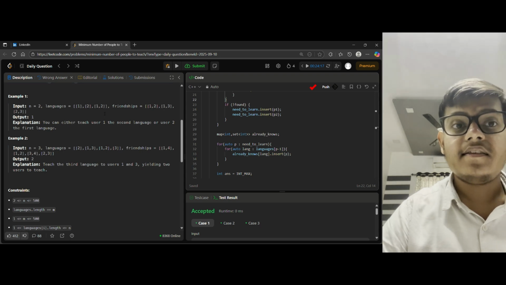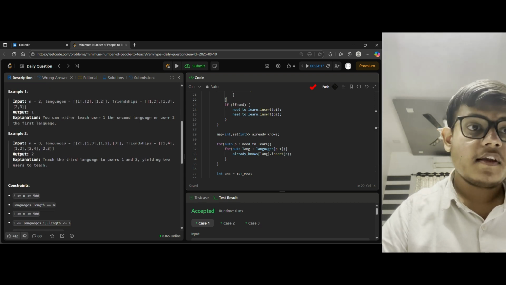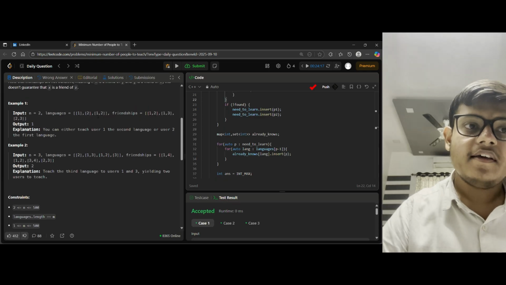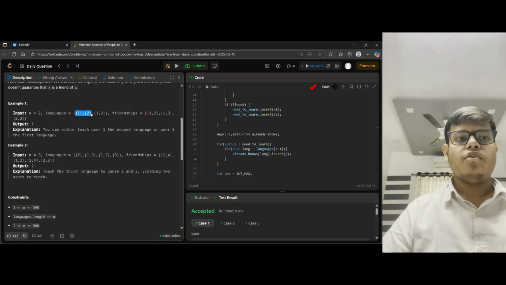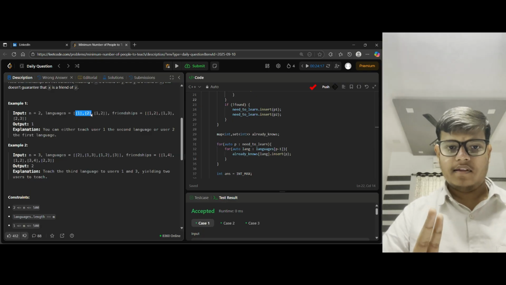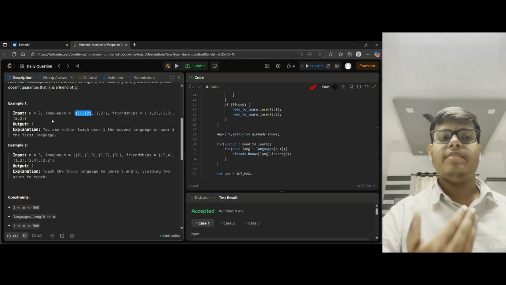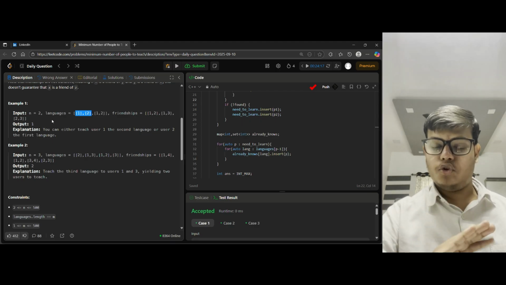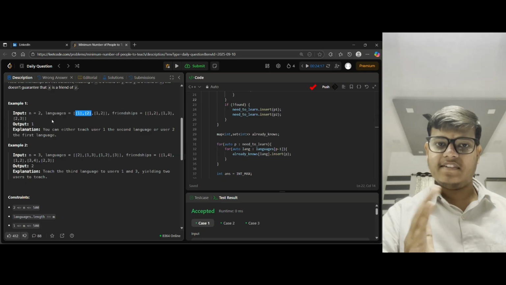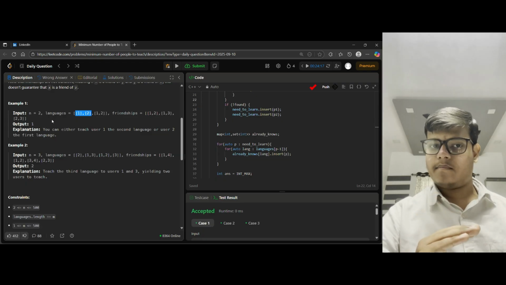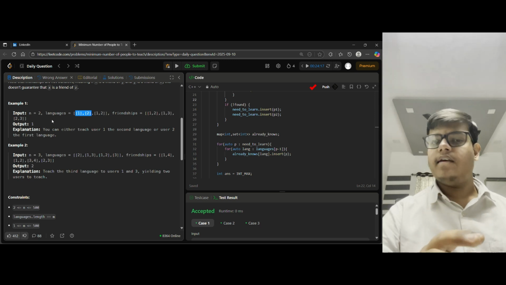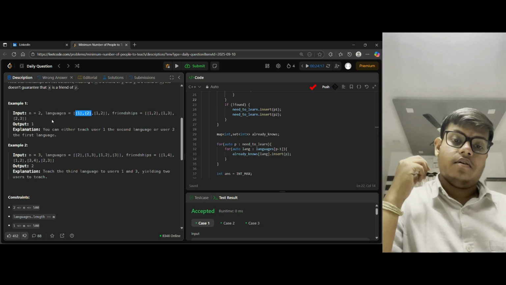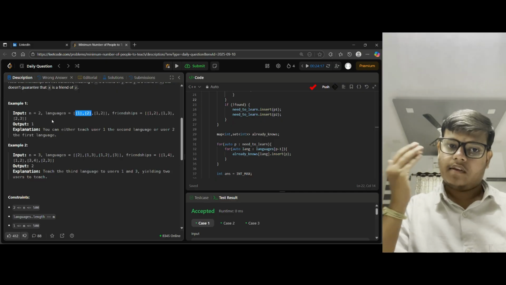Even 1 and 3 share a mutual language, but 1 and 2 do not have any mutual language. Since we have two languages, we need to teach two people, let's say P1 and P2. They are not sharing any mutual language, so we are going to check the minimum number. For this we need to have some data about the already known languages. Why?